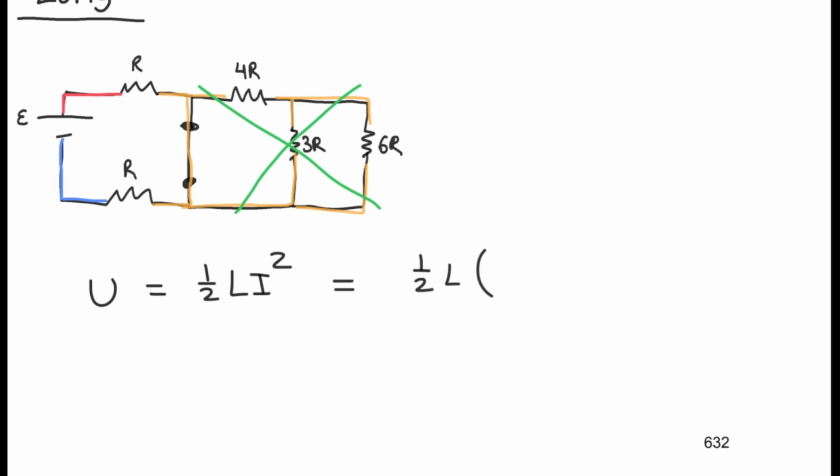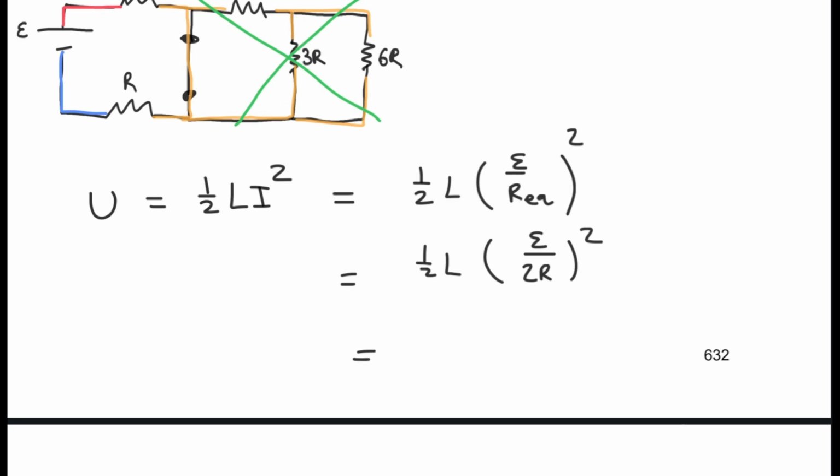But the current through the inductor is just going to be the current through the circuit. And we know that current through the circuit is just going to be the EMF of the battery divided by Req. And Req for this circuit is just, well, 2 R's in series, so 2R.